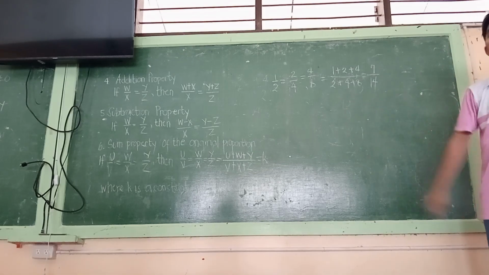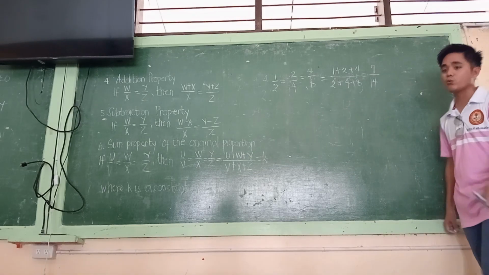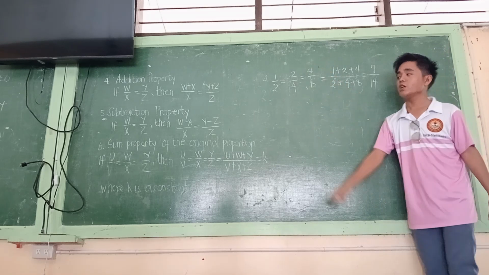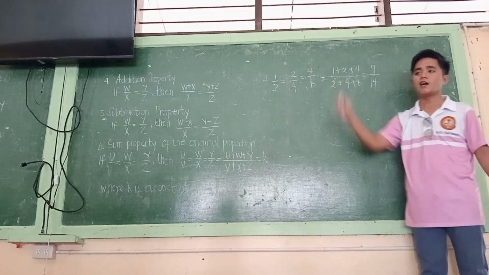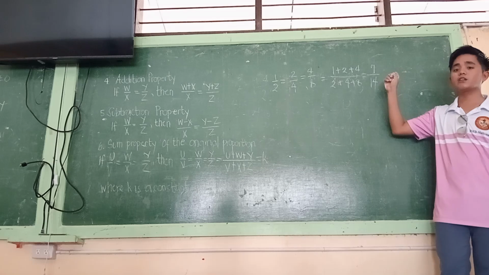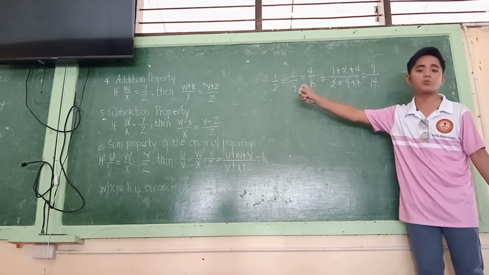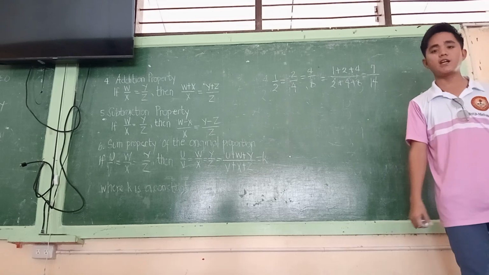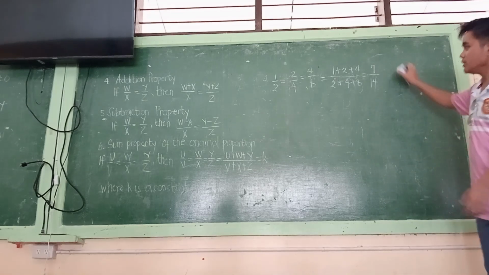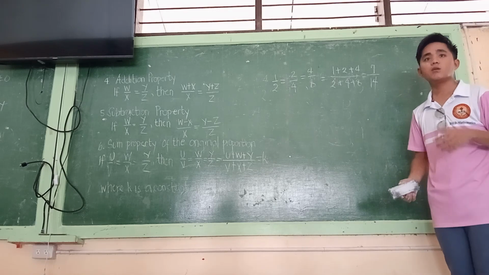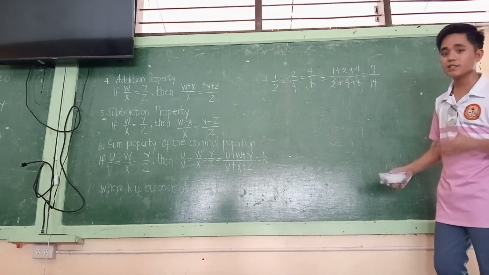That is the sum property of the original proportion. Even if you add the numerators and the denominators, the answer is still equal, which is also a proportion to the proportion that we have. Okay, so that's it for the properties of proportion. Now let us proceed to our examples.